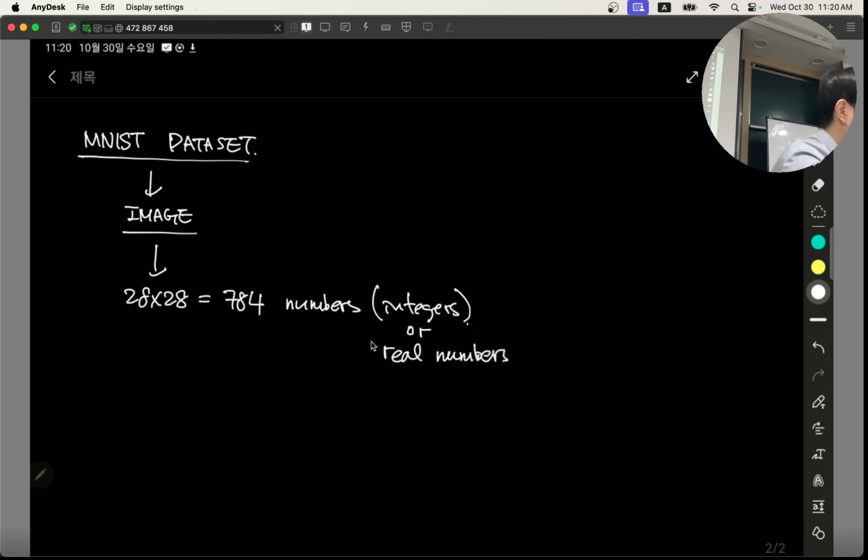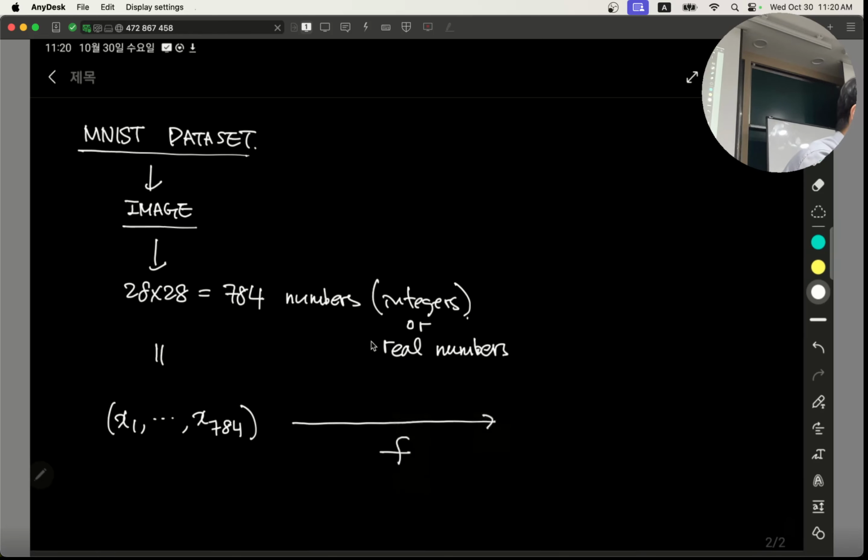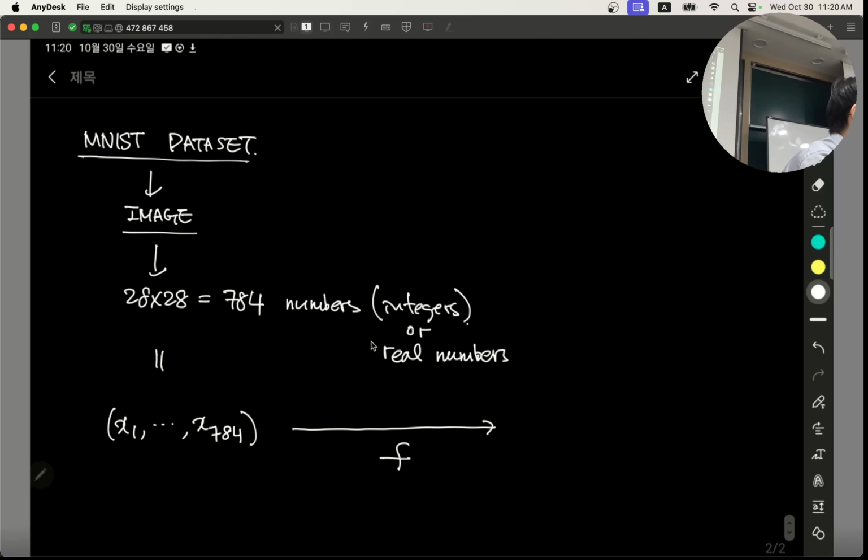Okay, so these are our inputs. This is something we want to predict. And predict to what? Once we have an image as a list of 784 real numbers, x1 to x784, what I want is a function that predicts the actual digits.